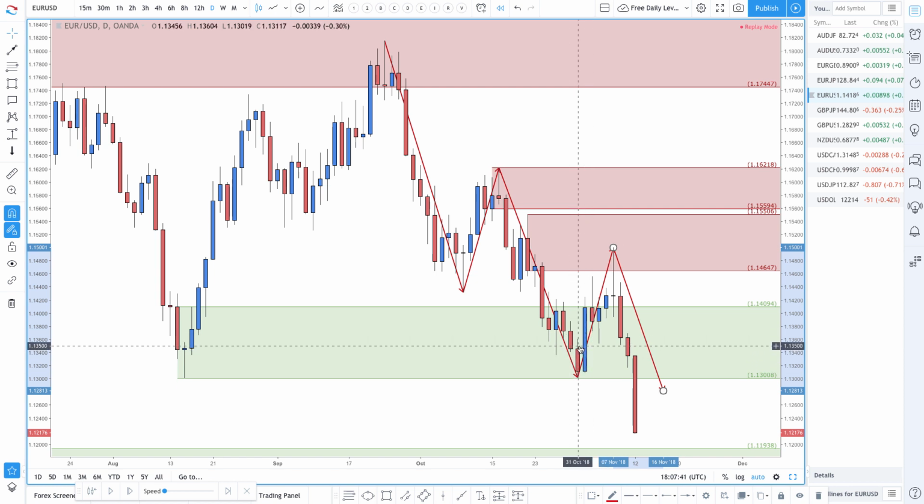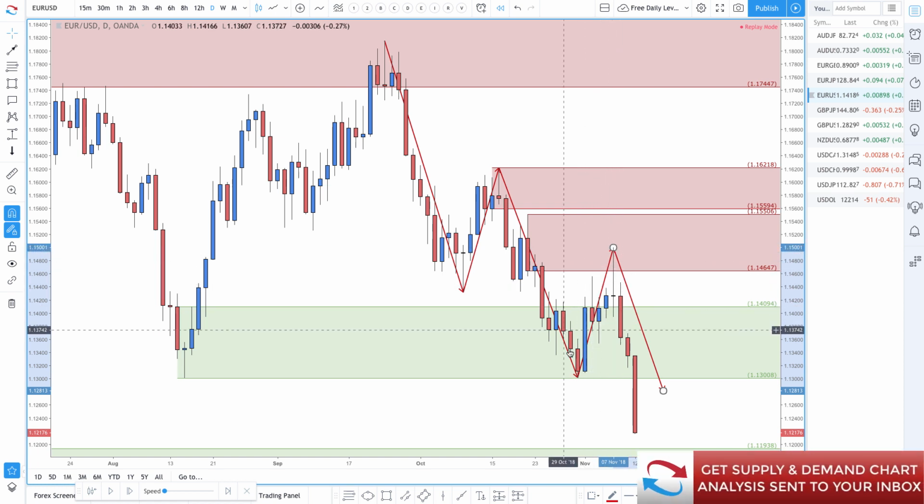If suddenly there was no prospect of an interest rate hike for the dollar, or something had happened drastically, then this would look like an absolute bargain for the euro. But in this time, nothing had changed pretty much. So it was just a profit taking pullback, and then you just get short around here, in the supply zone.